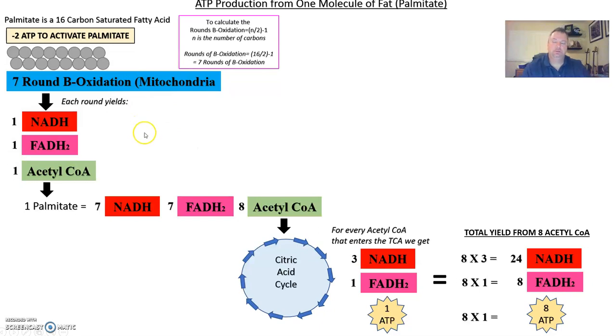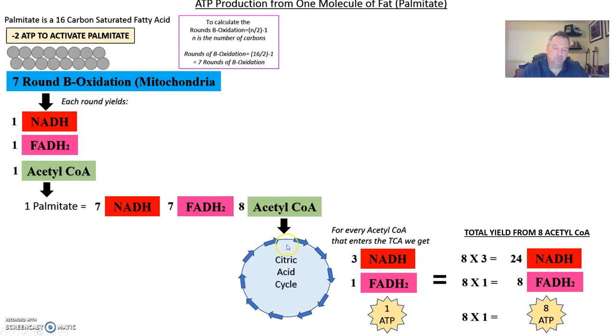And for each round of beta oxidation, we end up yielding 1 NADH, 1 FADH2, and 1 acetyl-CoA. Remember, the NADH and FADH2 are reduced enzymes. So out of 1 palmitate, we end up with 7 NADH, 7 FADH2, and 8 acetyl-CoA.